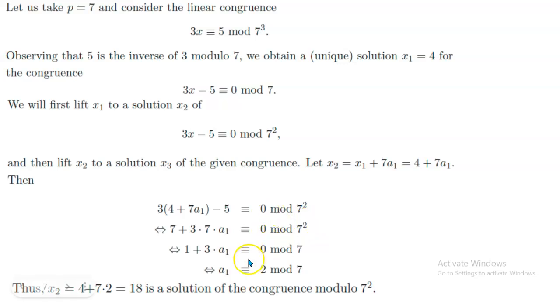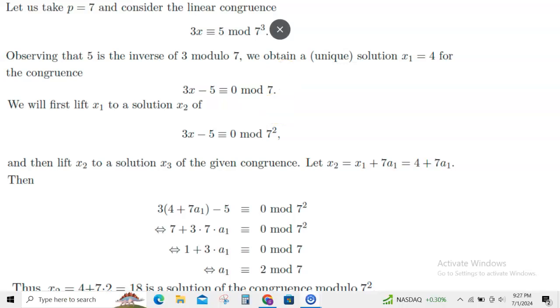We simplify and get 7 plus 3 into 7 into a1 congruent to 0 mod 7^2. Then we take 7 out and cancel 7, to get 1 plus 3a1 congruent to 0 mod 7.